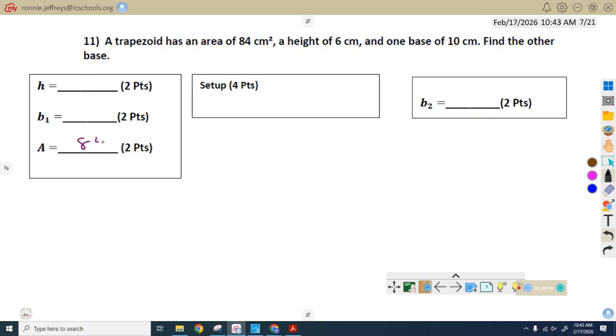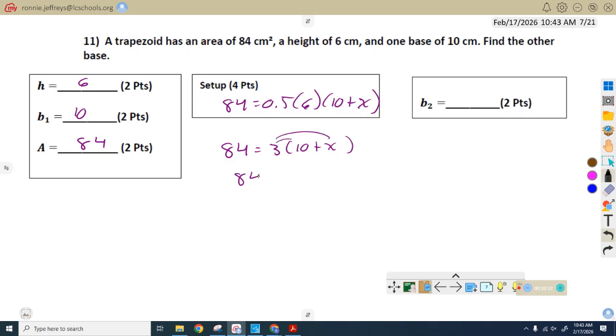All right, so area is 84. The height is 6. All right, set it up. Ten plus x. All right. 84 is 3 times 10 plus x. Plus 3x. 30 minus 30. 54 equals 3x. 54 divided by 3.